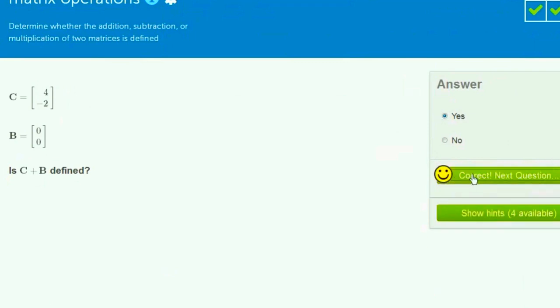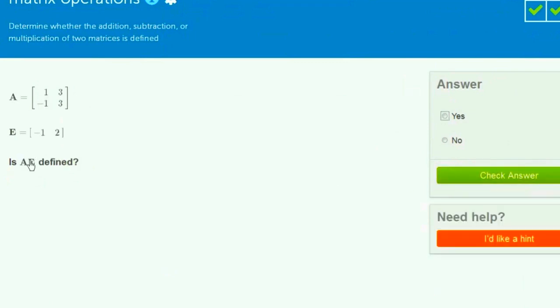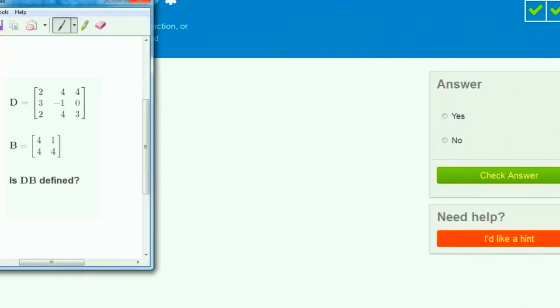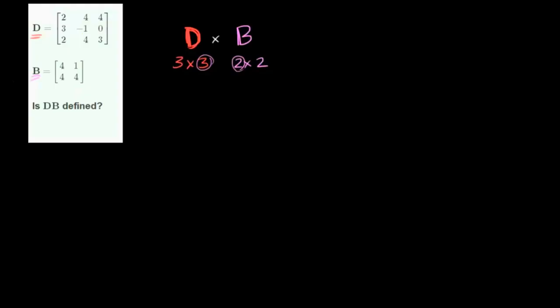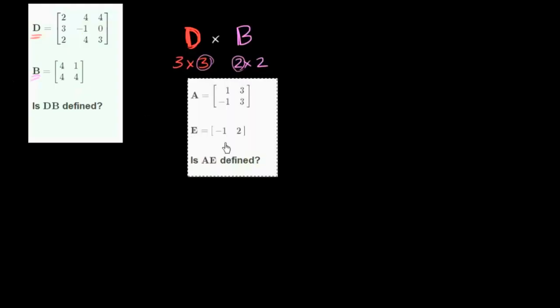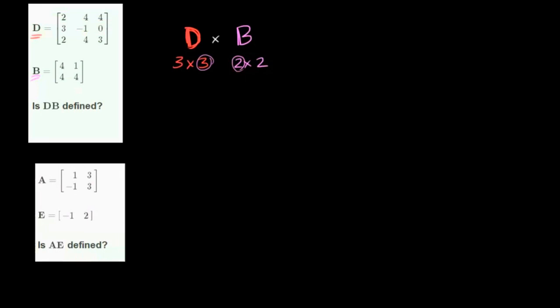Let's do one more. So once again, they're asking us, is the product A times E defined? So here you have a 2 by 2 matrix. Let me copy and paste this just so we can make sure that we know what we're talking about. So get my scratch pad out. So this top matrix right over here.